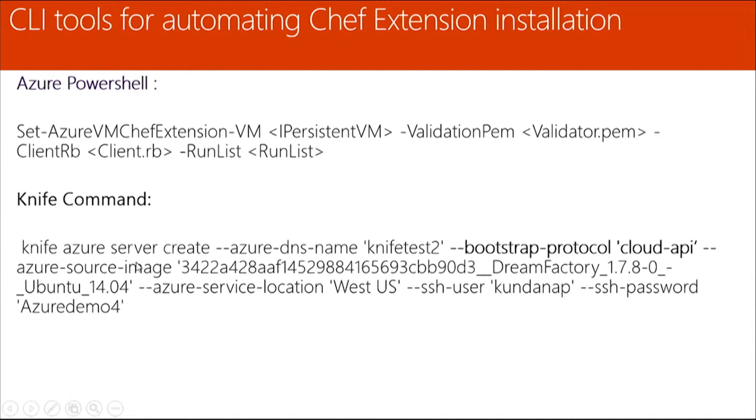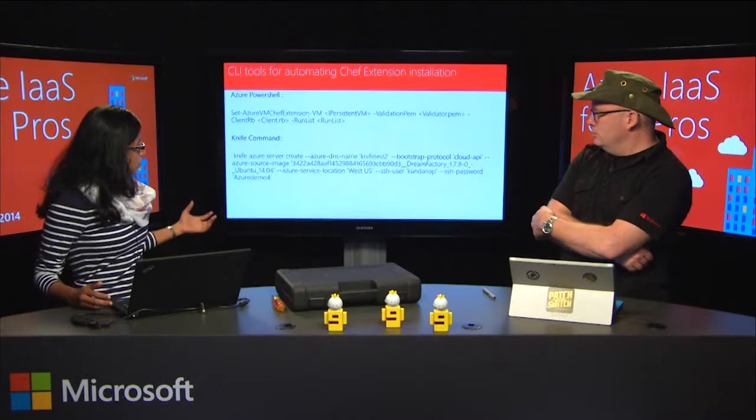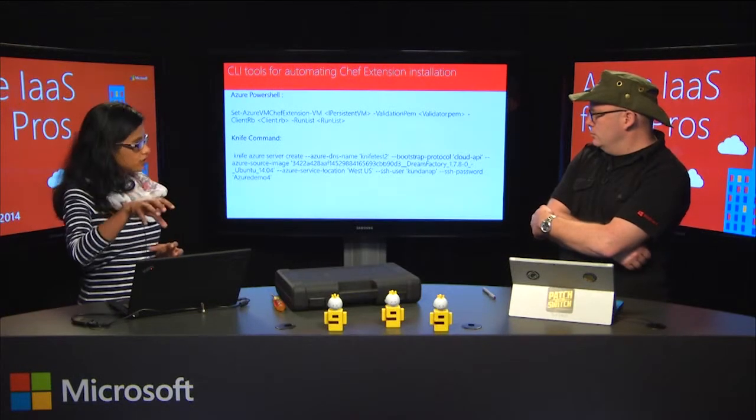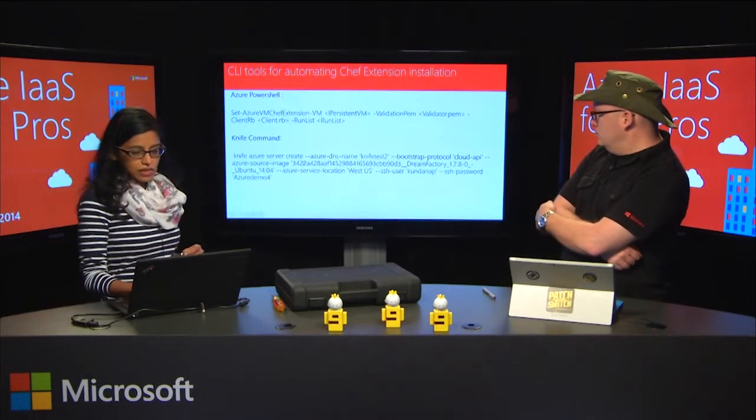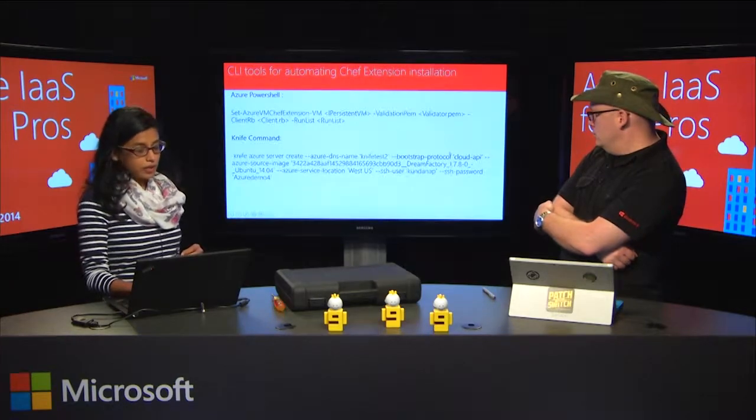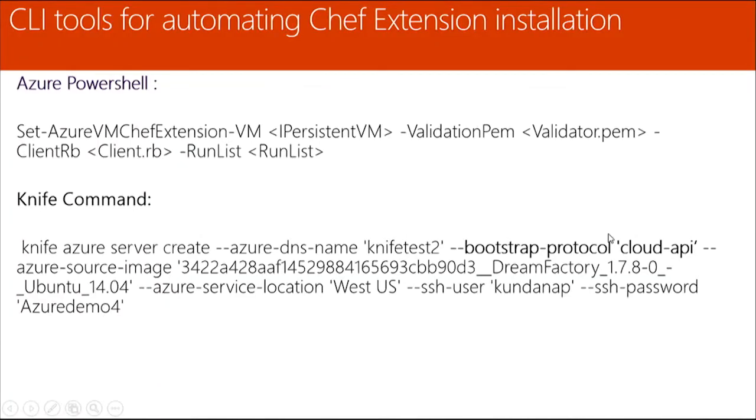So here's what I'm doing. Previously we used Knife to create a VM in Azure. Now what you could do is say, hey, use Knife, but inject the Chef agent. Everything else is the same. So this highlighted part is the new thing. Actually, this is a brand new feature. It is still in preview mode. The Chef team has just rolled it out, and they would be announcing it more broadly soon.